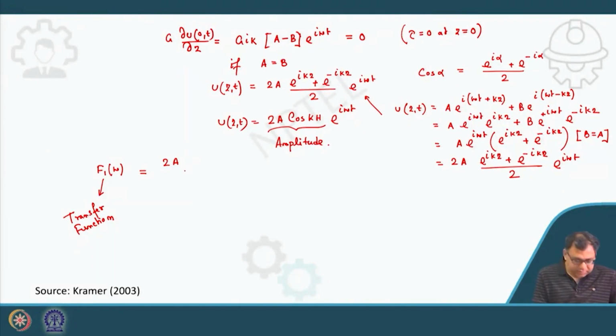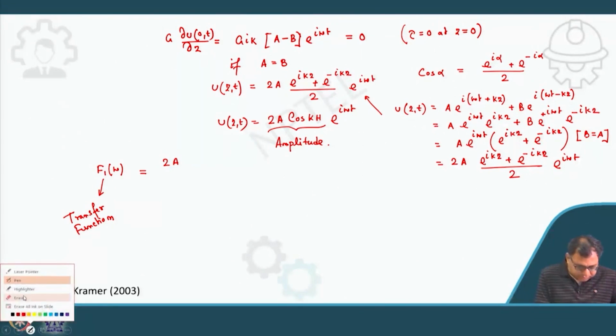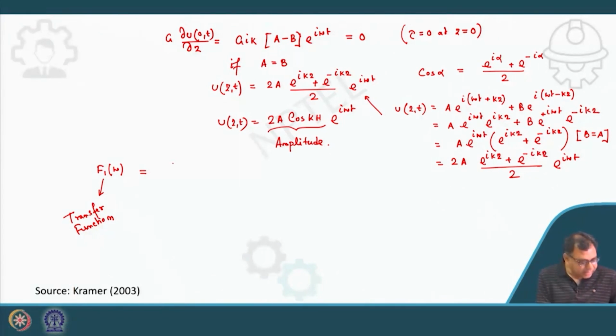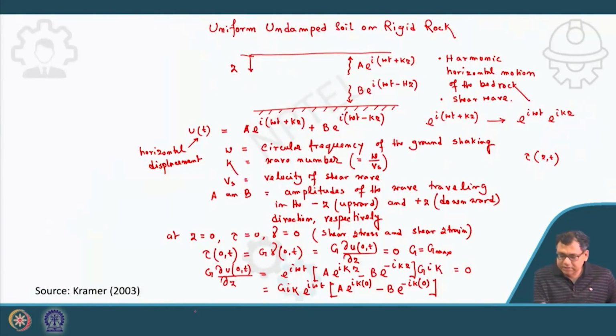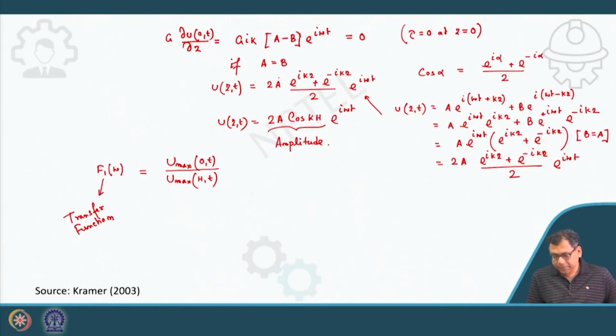So now that means I should write it in this form also. This will be u max, maximum displacement at z equal to 0 at any time t, divided by u max at z equal to h at any time t. Which one is the h? This is the h, thickness of the soil layer. Clear? So now this is the maximum displacement, which means this is the displacement amplitude.